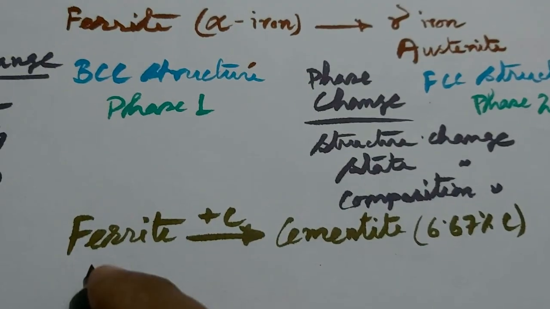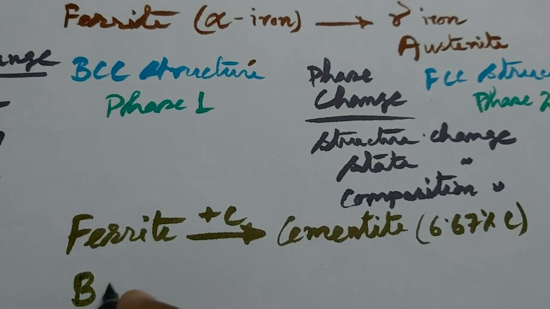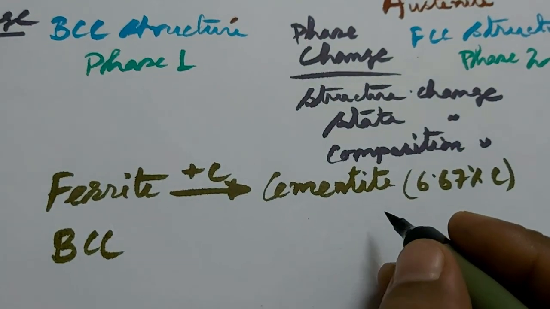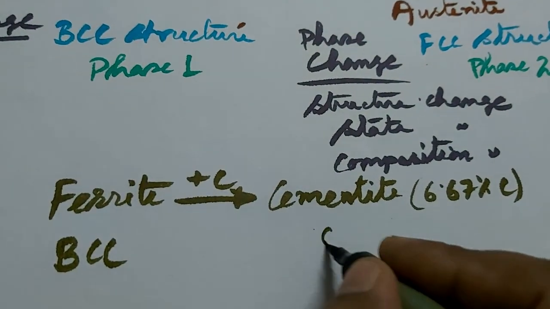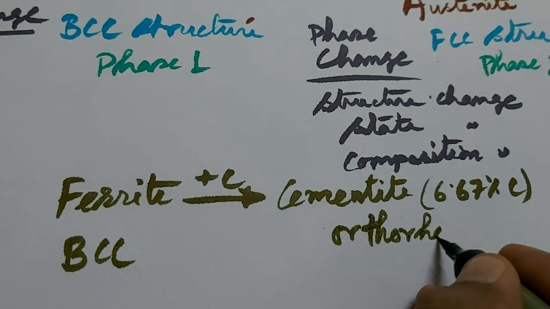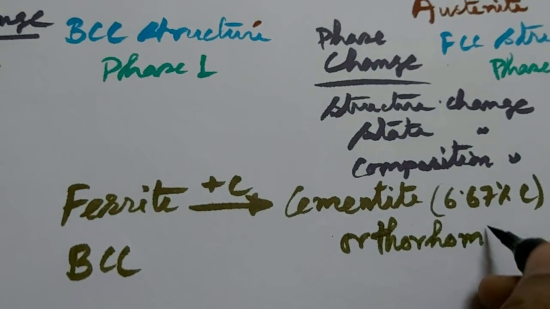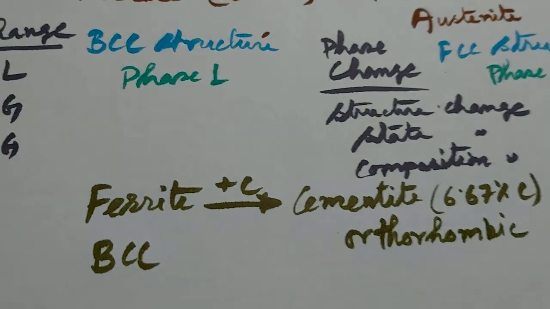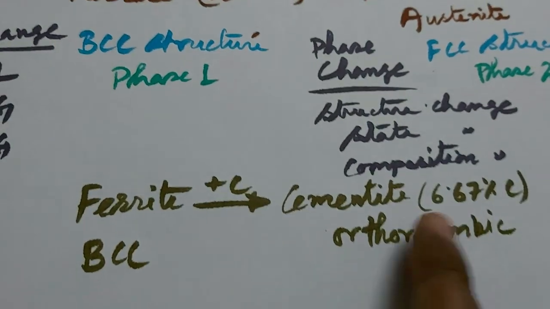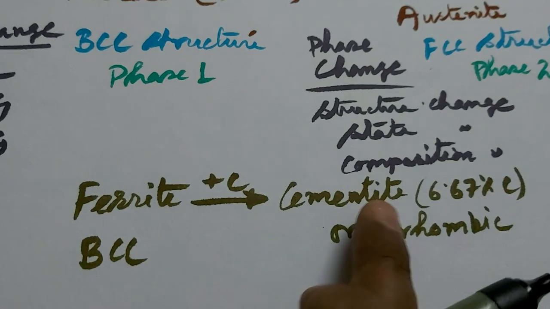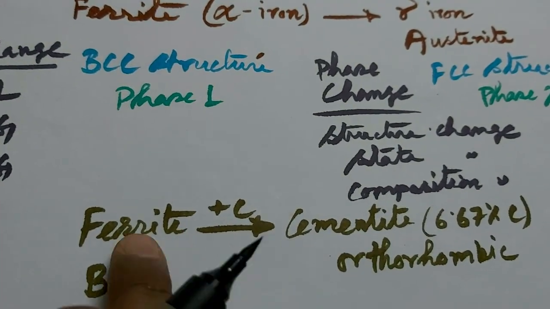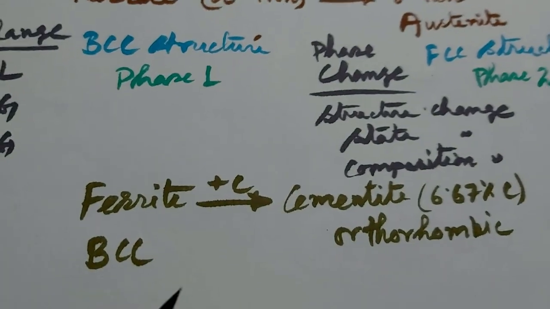So the structure of this ferrite is BCC, we know that, and the structure of cementite is orthorhombic. So that's why here the composition of these two are different. Also the structure of these two are different. That's why the phase of these two also will be different.